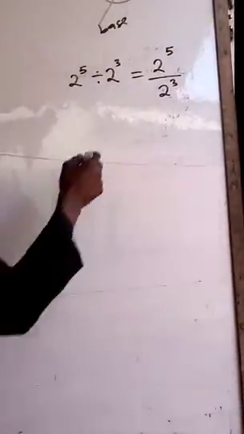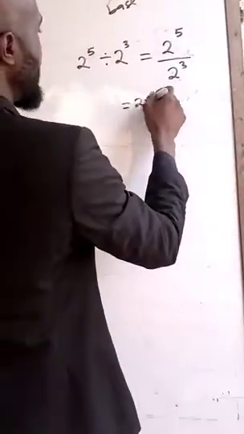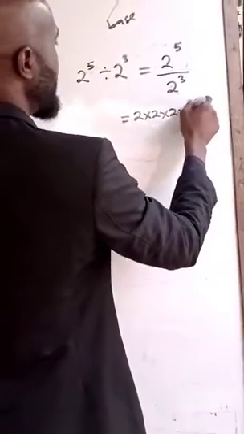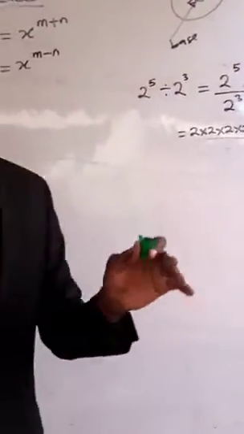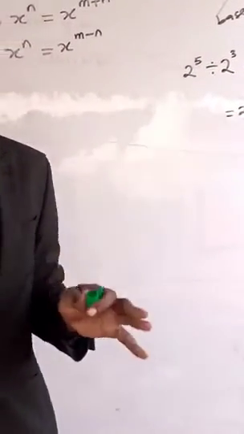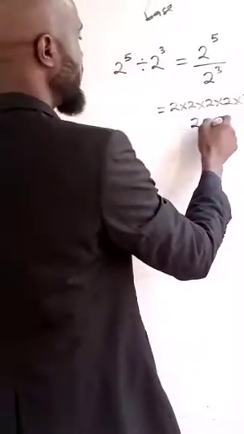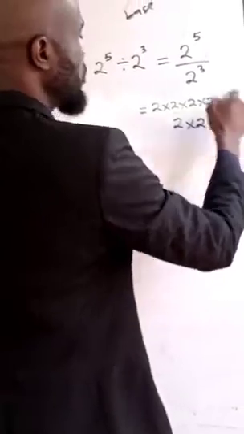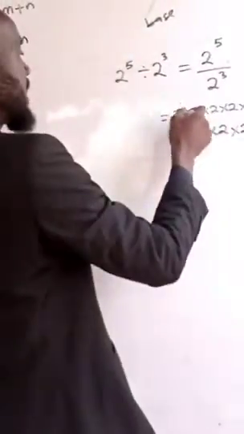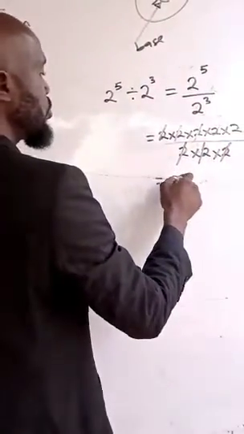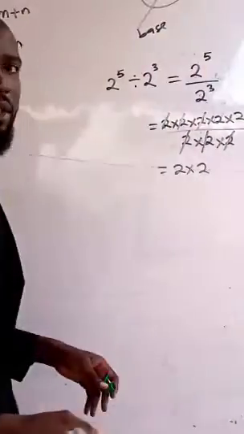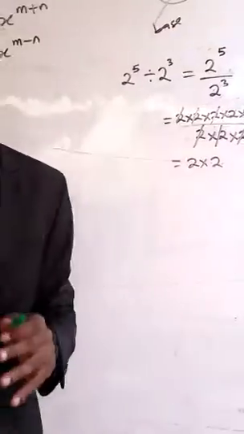So 2 raised to power 5, that's 2 times 2 times 2 times 2 times 2, all over 2 raised to power 3, which means multiply 2 by itself 3 times. So we have 2 times 2 times 2. Now if this cancels this, this cancels this, this cancels this, we have 2 times 2. That means 2 is multiplying itself 2 times.